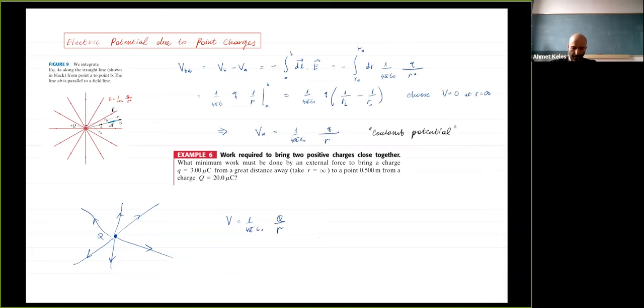Now I'm thinking of putting a charge, little q, some distance away. The potential at this point is this expression, but I know how to get the work done, which is the change in potential energy.